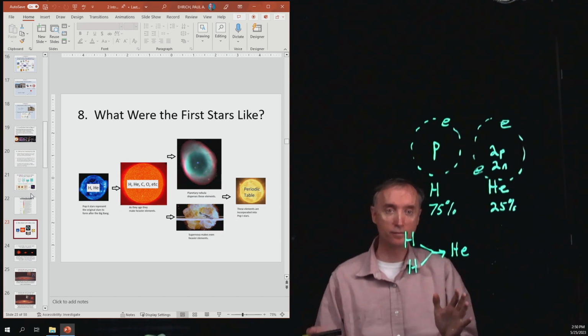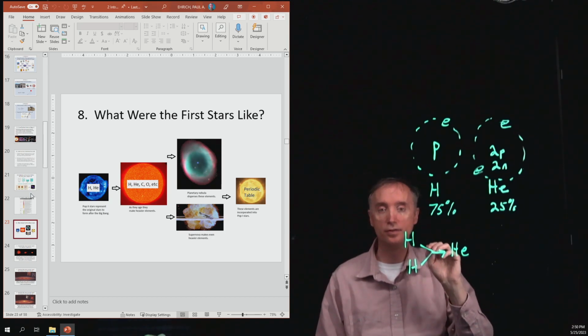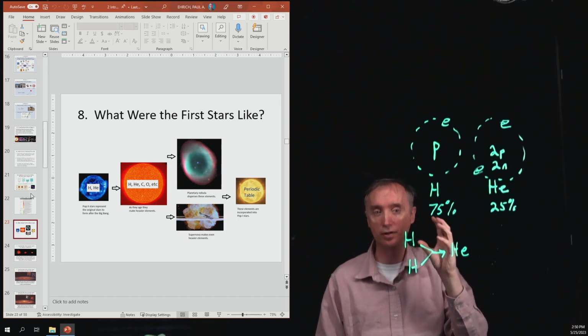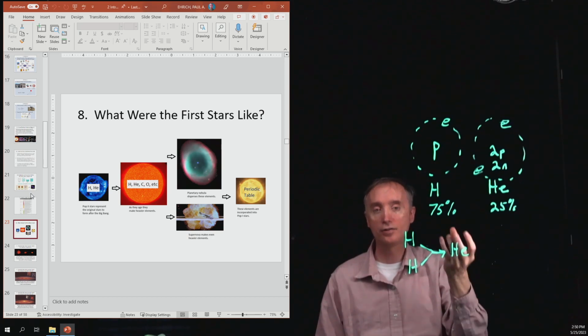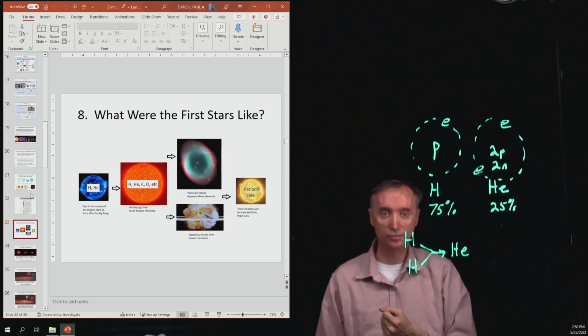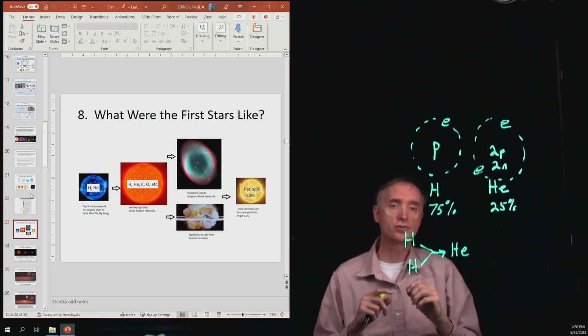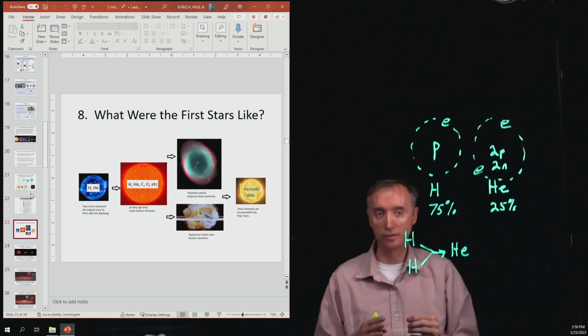They just don't have enough mass to be able to do that. So these stars are just going to cool off and turn into cinders, and we're just going to call these things black dwarfs.